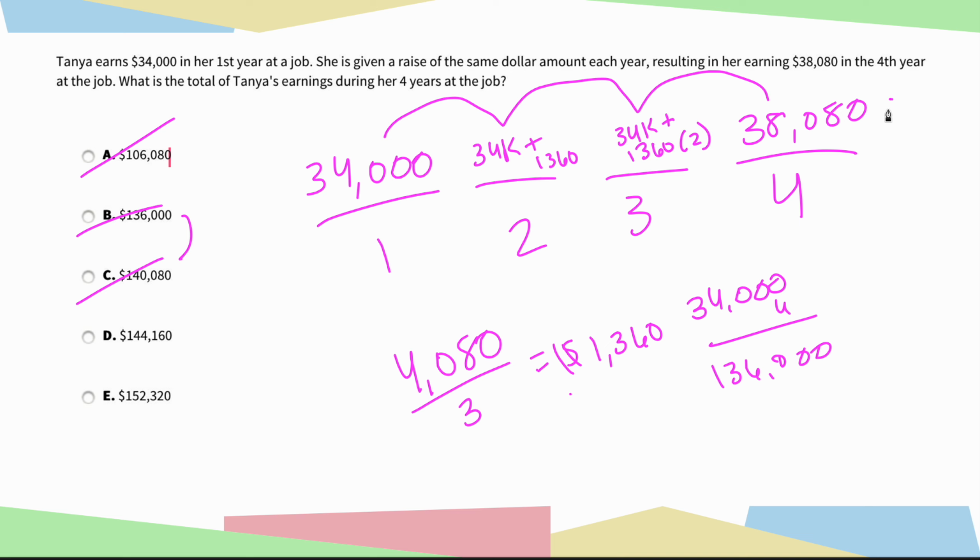And this would be the same as 34K plus 1,360 times 3. And you will see why I did it that way. If this doesn't make sense to you, of course, you can just plug in your calculator, get the totals, and add them together.